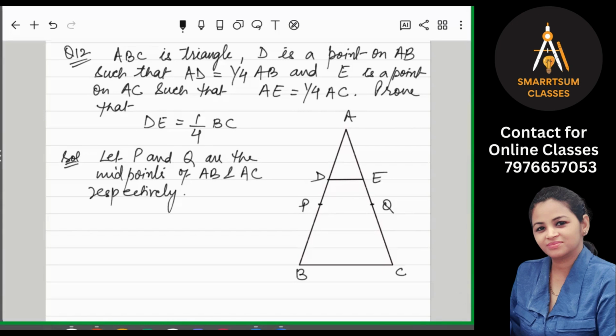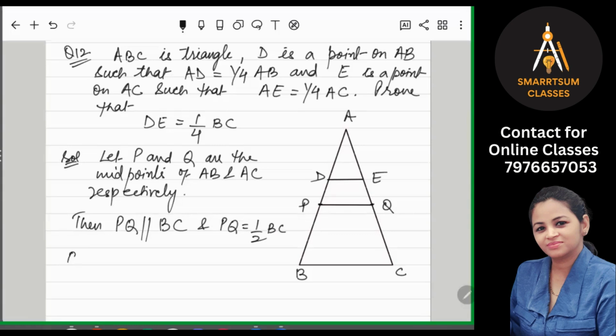Now let's join P and Q. Now this PQ will be parallel to BC, yes or no? And PQ will be equal to half of BC.